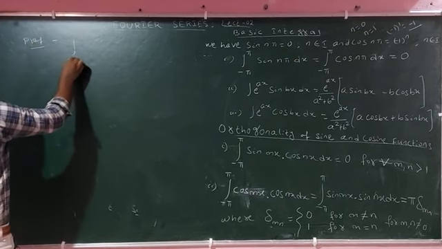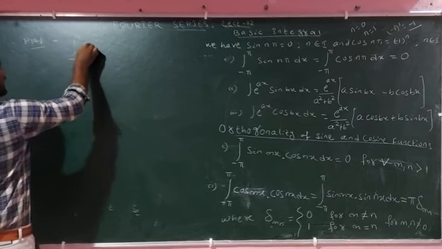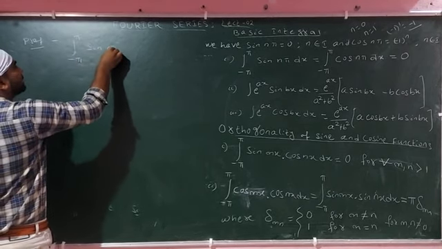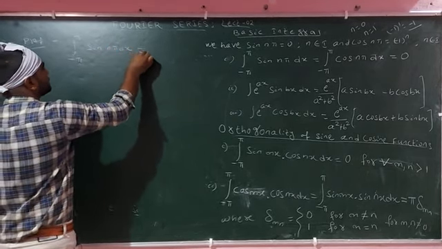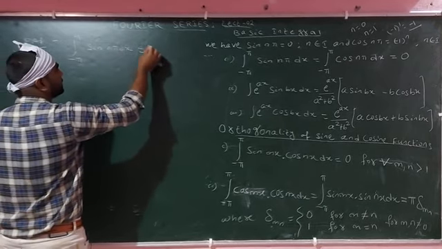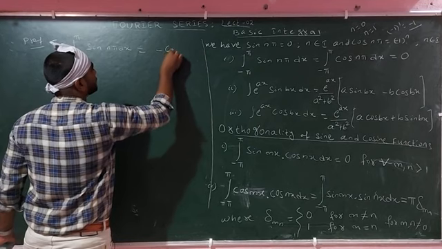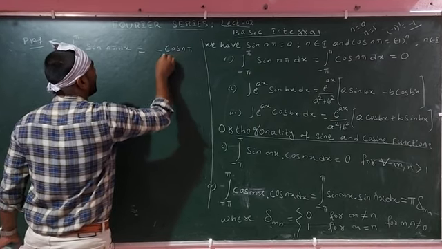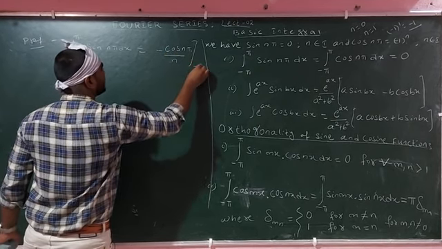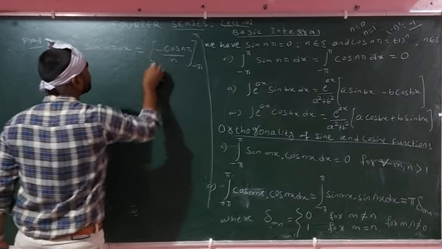Here, the integration from minus pi to pi of sin n x dx equals minus cos n x divided by n, with limits minus pi to pi.